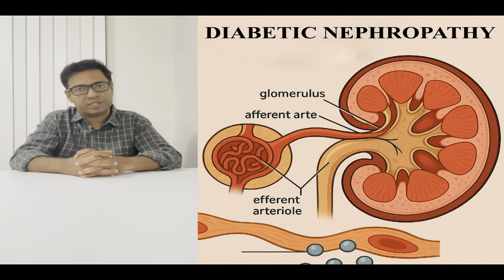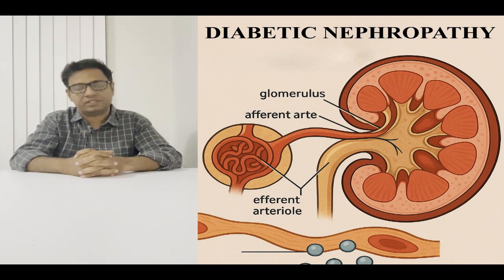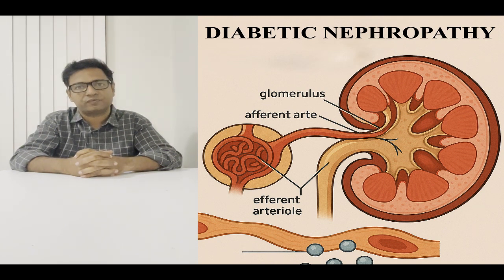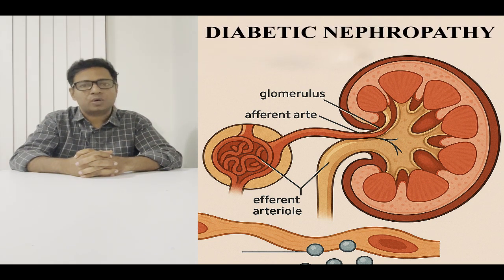High serum creatinine may indicate reduced renal function. If those abnormalities are detected, we can prescribe some medication to delay the progression of diabetic nephropathy. So we have to do these blood and urine investigations at least once a year to detect these complications in the early stage.